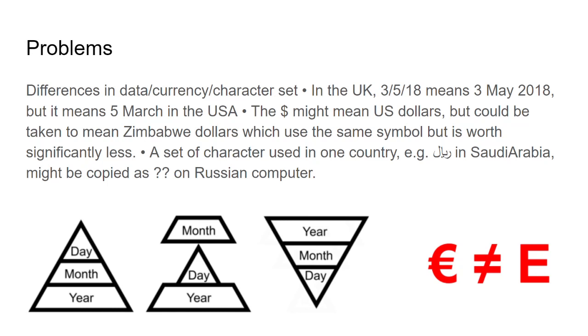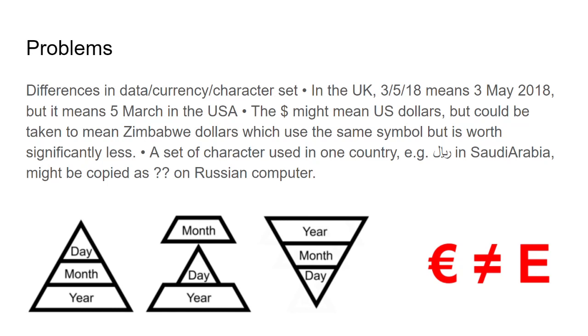Here I've given some examples, such as in the UK, 3518 means 3rd of May of 2018, but in the US it means 5th of March. The dollar sign might mean the US dollar, the Zimbabwean dollar, or the Canadian dollar. Lots of currencies use the dollar.